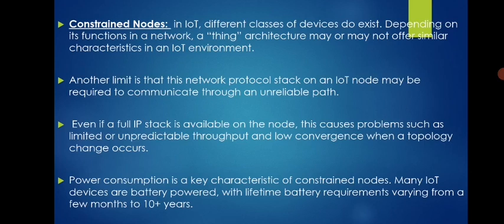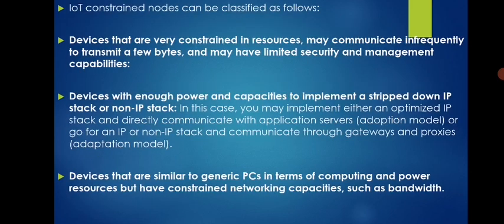Based on the heat available in the atmosphere, the battery may be charged, or we may use some other kind of logic. Because of that, the battery lasts 10-plus years. So these are a few constraints we can list when it comes to devices and networks.